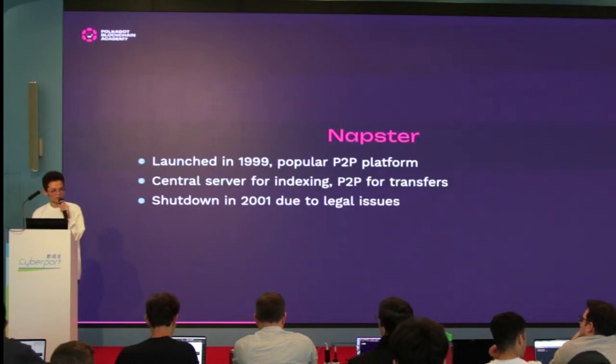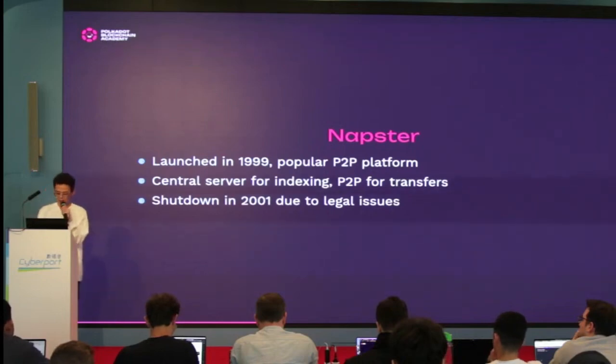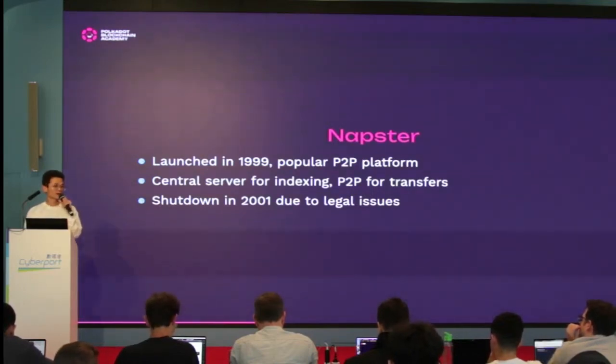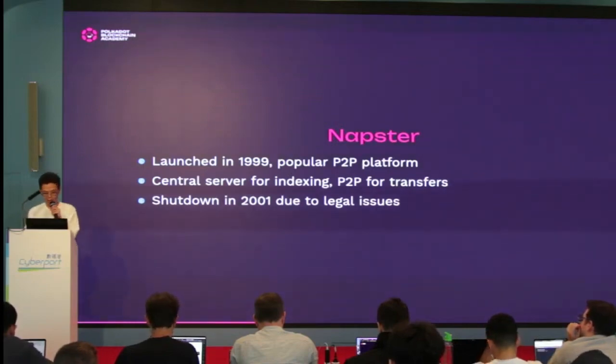There was a band called Metallica, and it had produced some new songs. But before the band released such a song, the song was getting very popular on Napster. And of course, it violates copyright protection laws.